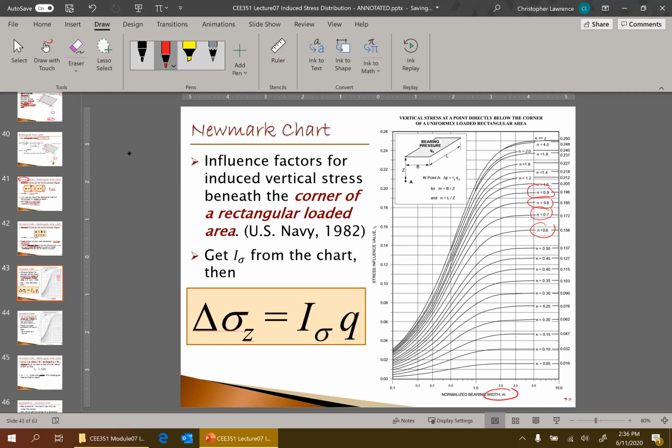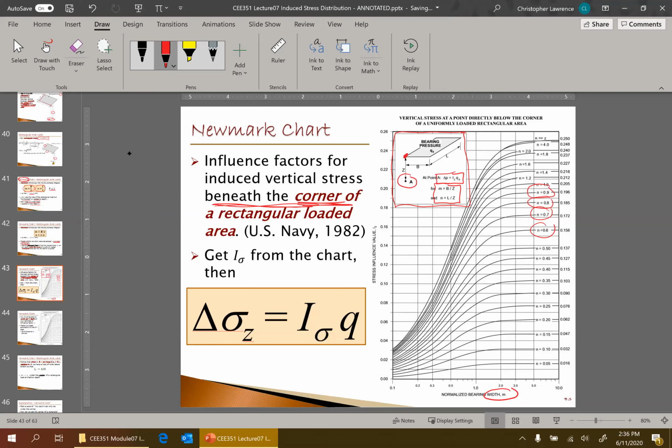Okay, so you see on this chart, the legend or the key is given in the upper corner, remembering that the point of interest is always below the corner. For uniform rectangular loads, this only works if it's beneath the corner. We take m as B over Z and n as L over Z, and then we use those to get I, and then we can say that the induced stress is I times q.